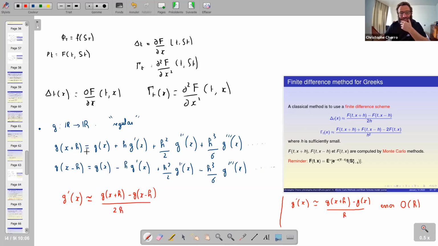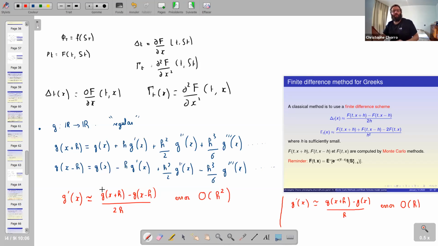And if I do this one minus this one, I have simplification between these terms. So the terms in J second disappear, so the terms in h square disappear. And here I make an error that is a big O of h square.